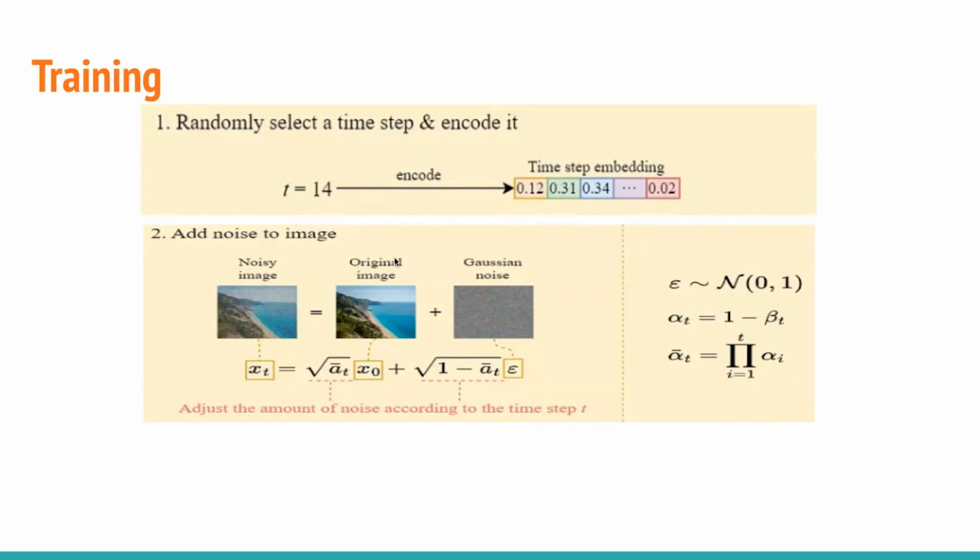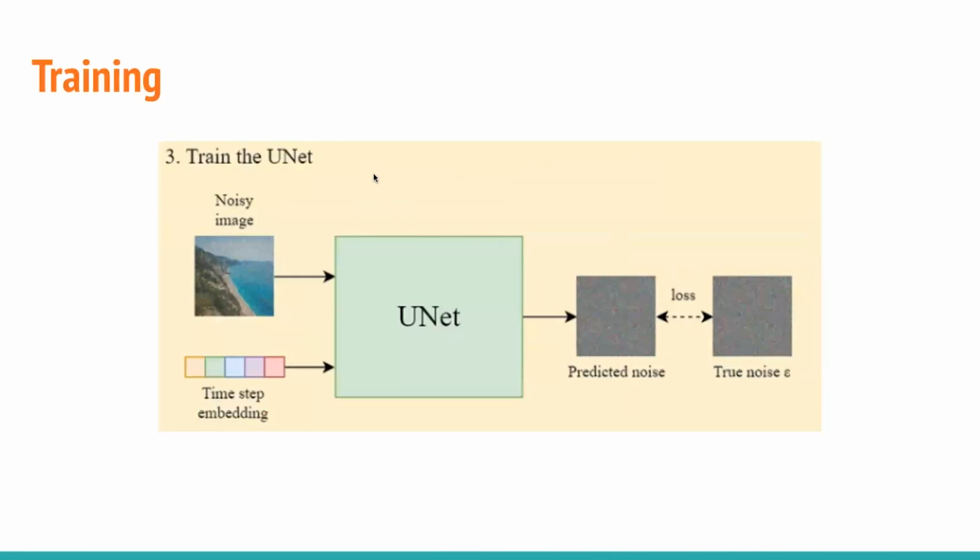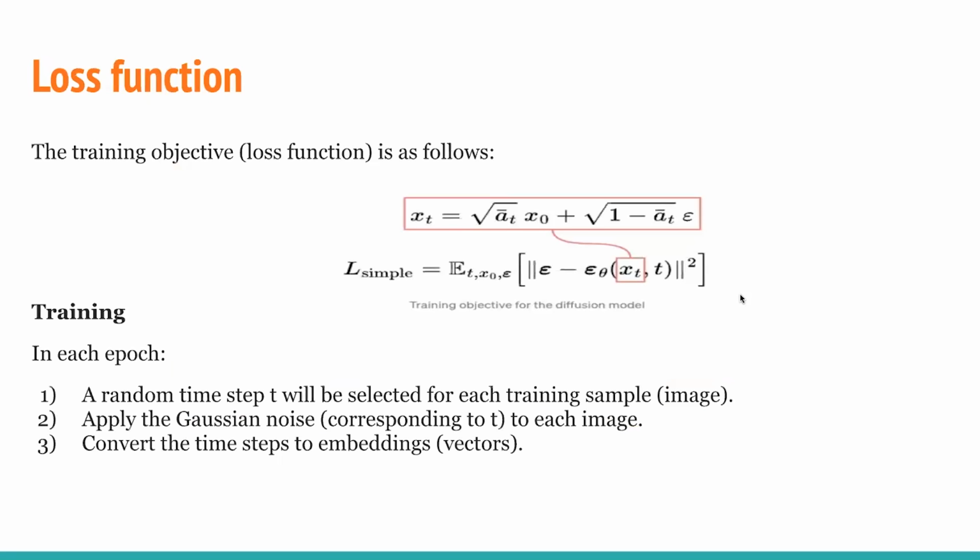I take an input image and add Gaussian noise, and how much I add depends on the time step. To train the UNet for the reverse process, I try to predict what noise was added and compare it to the original noise, training it to be close to the original noise that I have added.